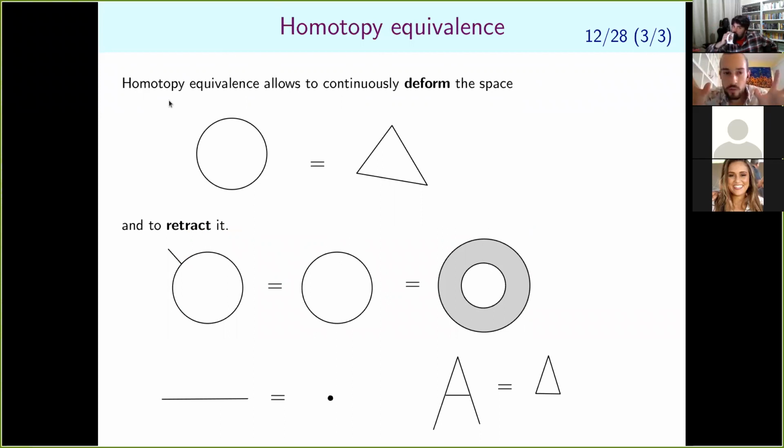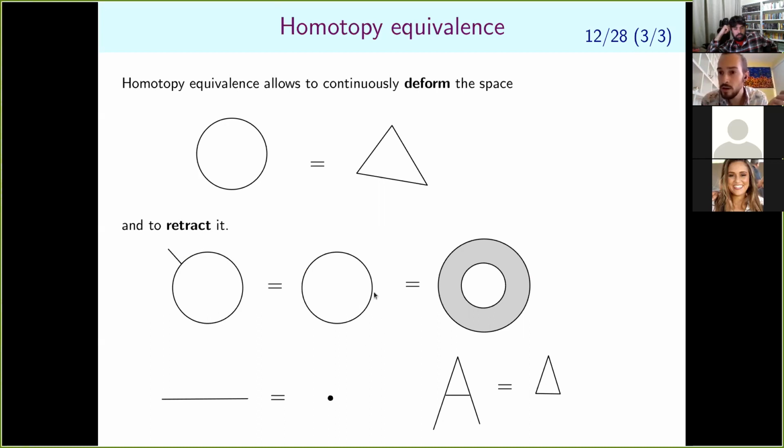With homotopy equivalence, we are allowed to deform continuously the spaces, right? As we did for homeomorphism equivalence. But moreover, we are allowed to retract the space on itself. For instance, this circle with a little hair here, I can retract this line. I have a circle.